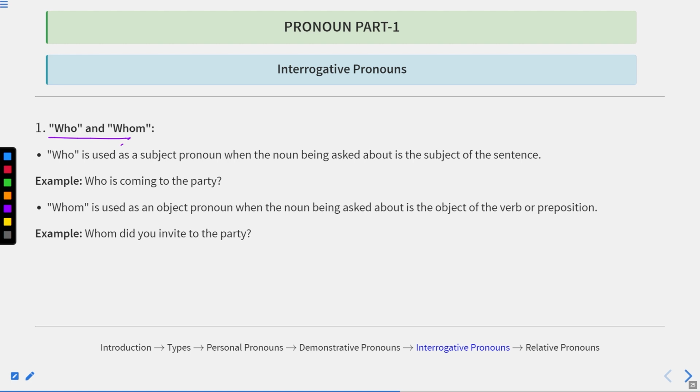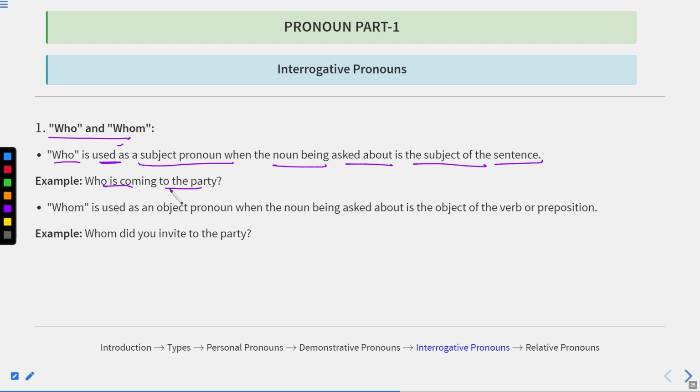Now, who and whom. First of all, we'll discuss who and whom. Who is used as a subject pronoun when the noun being asked about is the subject of the sentence. For example, who is coming to the party? So we are asking about the subject who is coming to the party. So this who is an interrogative pronoun because it has initiated the sentence.